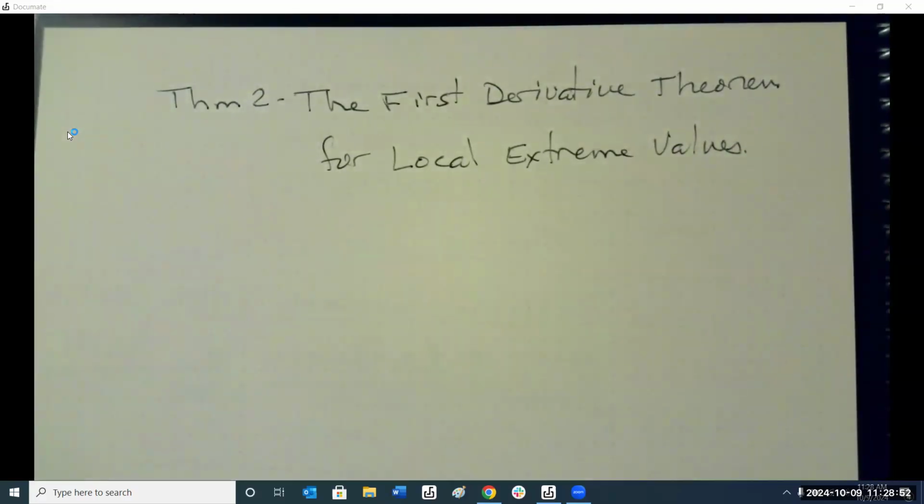Why not endpoints? Because remember, to be a local, it has to be within an open interval. And an endpoint is always on a closed interval. So that's why we can't use the endpoints to find local minimum.